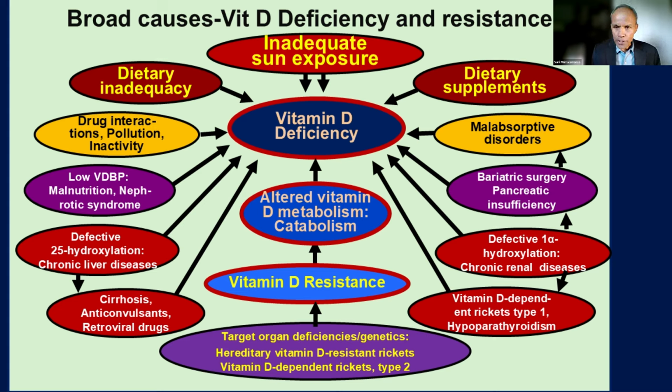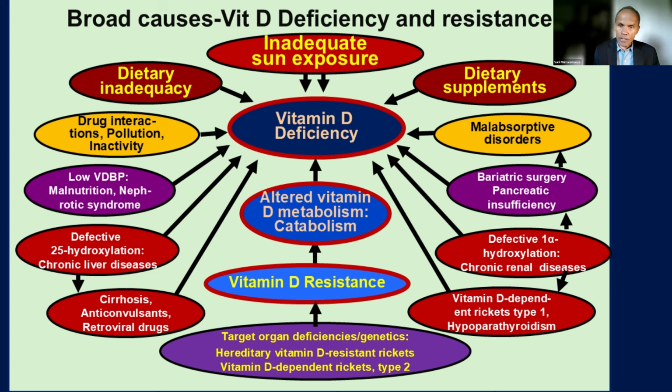Then in the case of chronic renal disease, we already discussed that in the presence of defective 1-alpha hydroxylation, it can be overcome only by giving 1-alpha analogs or calcitriol as a medication. Then these are the genetic forms I briefly mentioned: vitamin D dependent rickets, type 1.